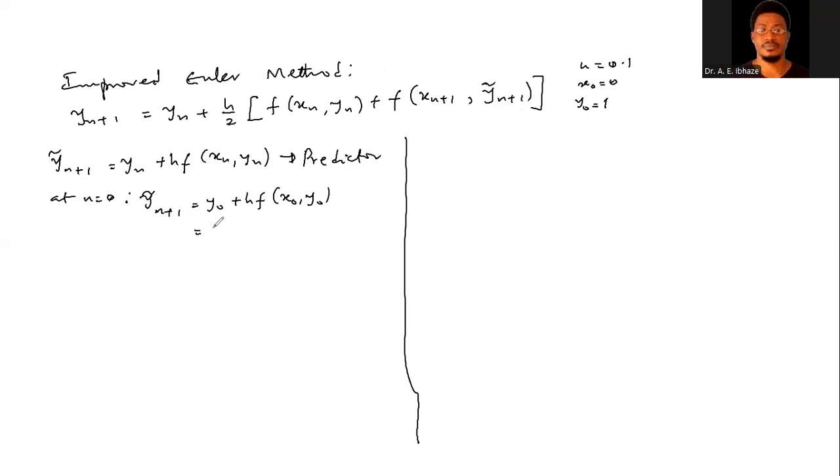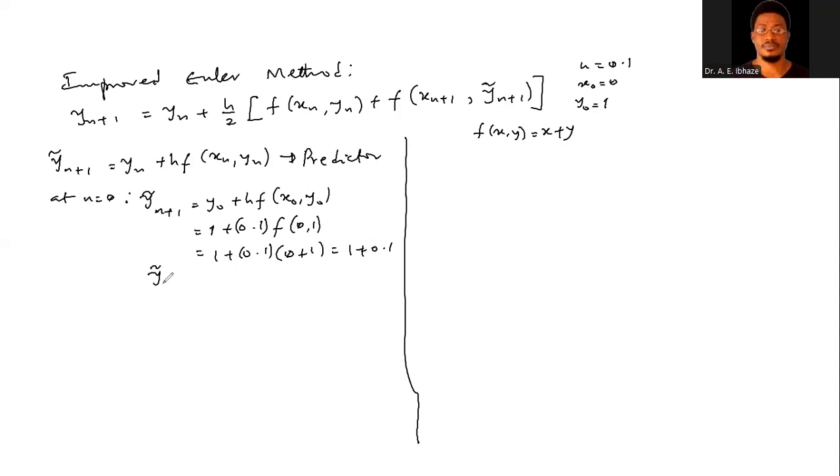So y bar 1 is the same as 1 plus 0.1 f of 0, 1. And this is going to give us 1 plus 0.1 times, now our function f of x, y is the same as x plus y. So s0, y0 will be 0 plus 1. And this will be the same as 0.1 times this, that will be 1 plus 0.1, right?